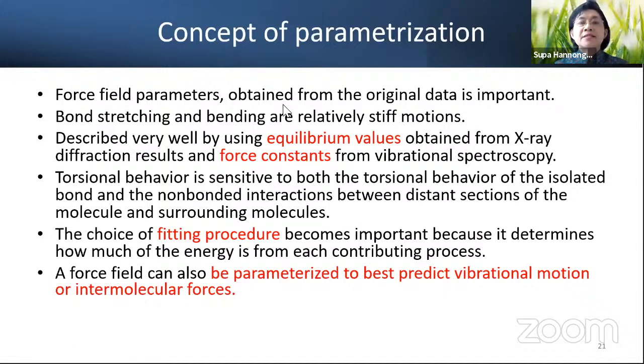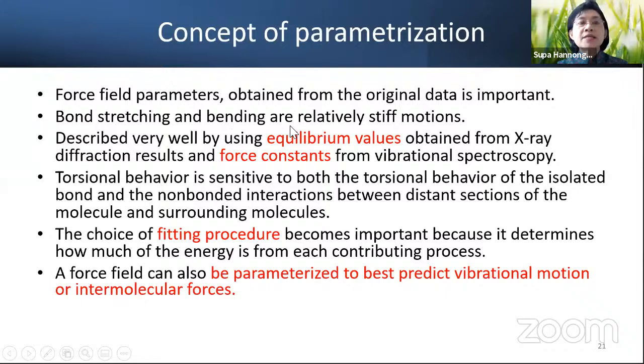The base is that we should obtain the parameters from original data. I mean, obtain them from experimental data, right? UV absorption or energy, or the base is ab initio calculations at a high level. If we get those parameters, that is the base, okay?